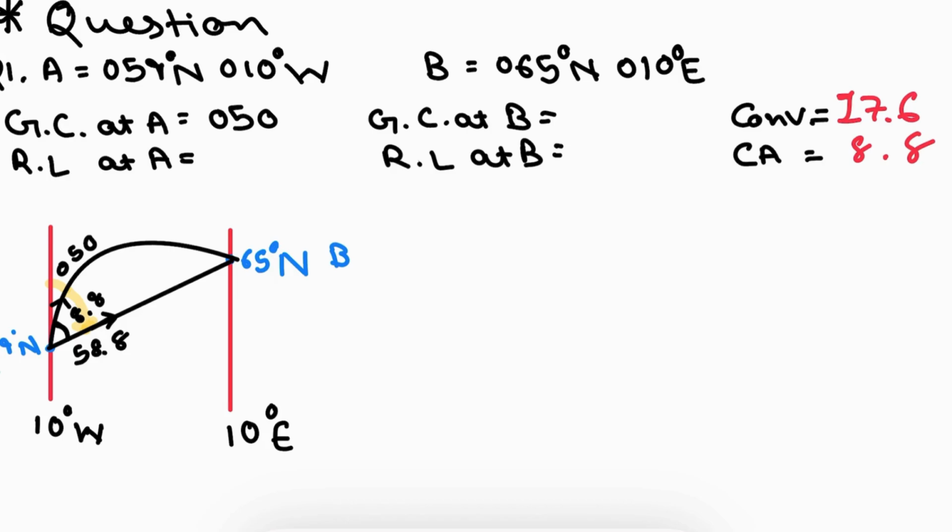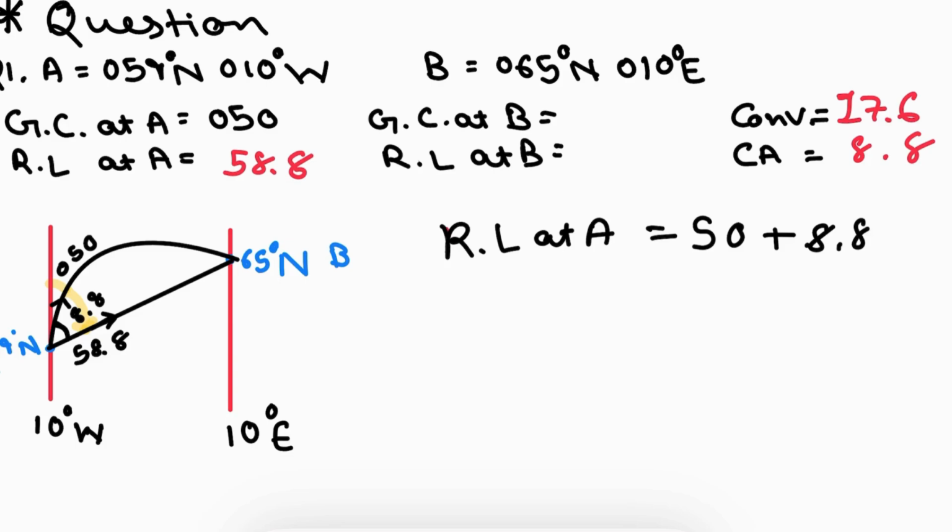So the rhumb line at A is 58.8. How? So the rhumb line at A is 50 plus 8.8, which is 58.8.